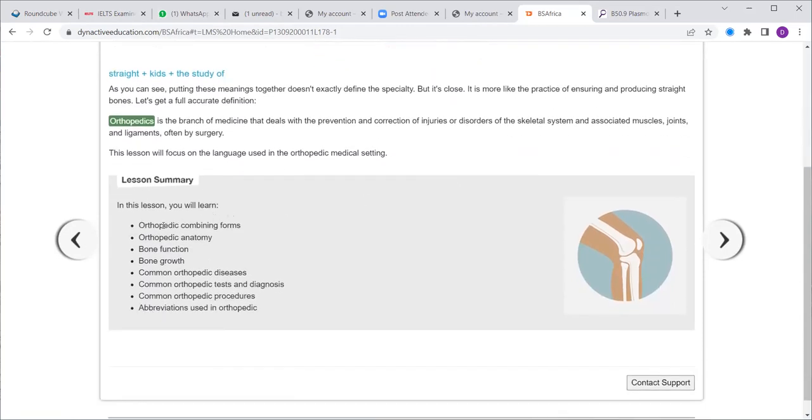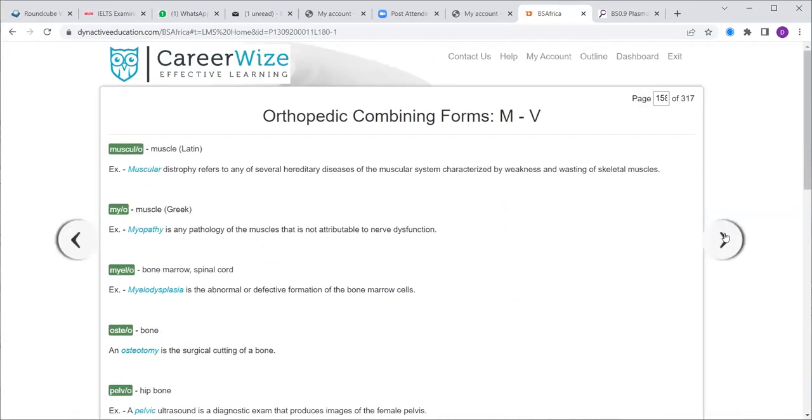You're going to learn orthopedic combining forms, that's orthopedic terminologies, orthopedic anatomy, bone function, bone growth, common orthopedic diseases, common orthopedic tests and diagnoses a doctor will do, common orthopedic surgical procedures doctors do, and then abbreviations used in orthopedics. Are you beginning to get the picture?